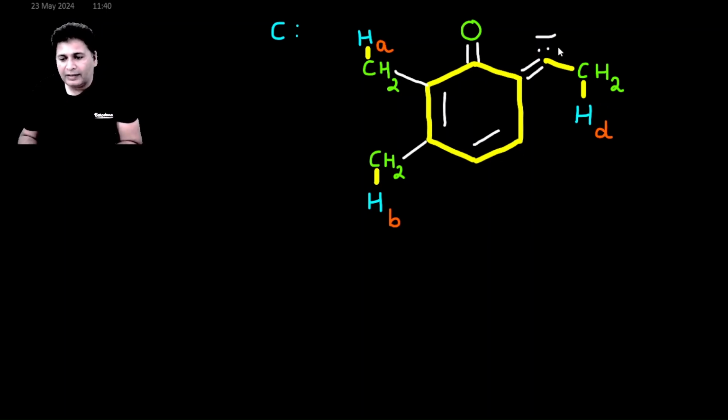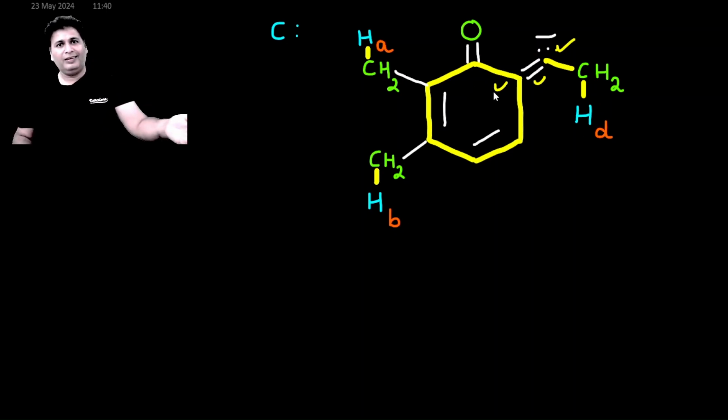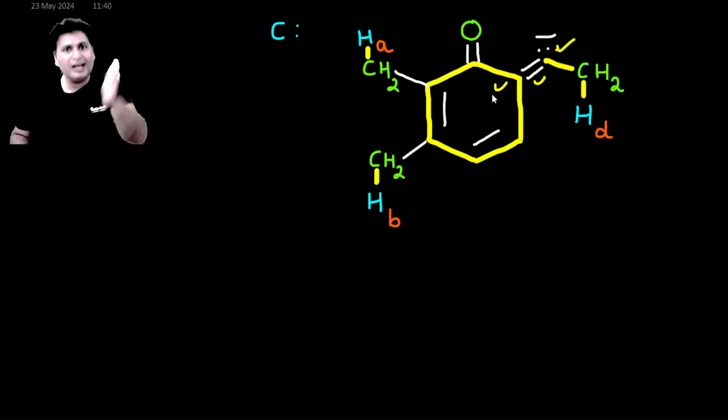You understand, this is a negative charge, negative, multiple, double, single. If you try to see the conjugation on the left side, negative, double, single. Now this is not the situation of conjugation. You have to have negative, single, double. You don't have the situation like negative, double, single for the conjugation.